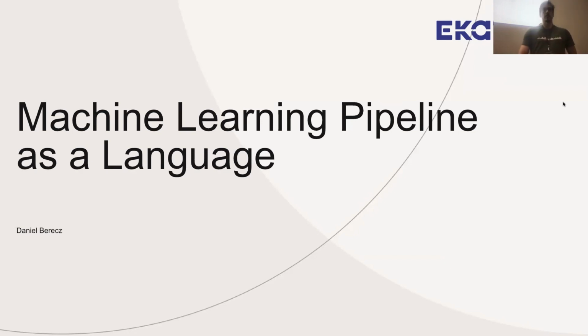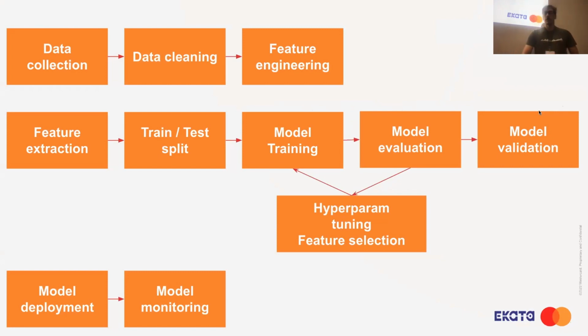So for a little context, let's check what the life cycle of training a machine learning model is. First, you have to collect some data to train your model on. Unfortunately, in real life, this is often very noisy, so you have to do some data cleaning.